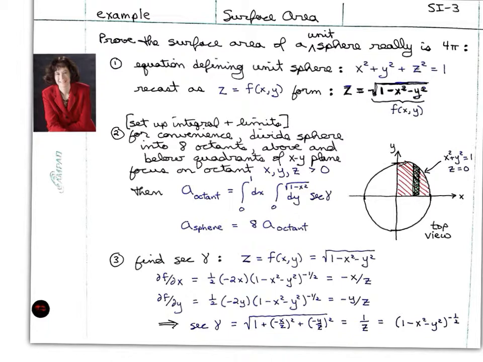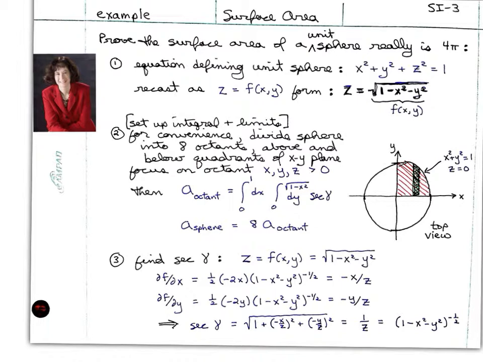Since we're doing the integral in the xy plane, the hemisphere projected down onto the xy plane would look like a disk. And if we're just looking at the part where x and y have values greater than 0, it's in fact just this little quarter of the disk here that we're interested in.